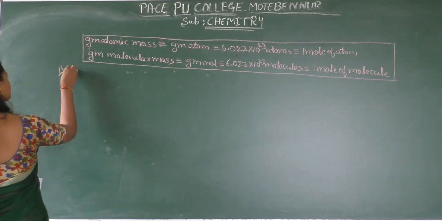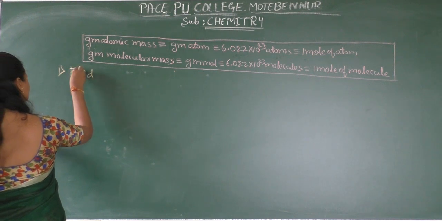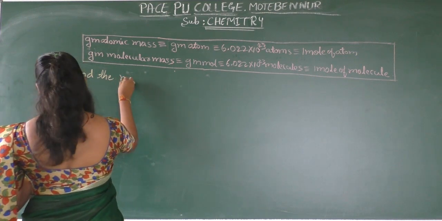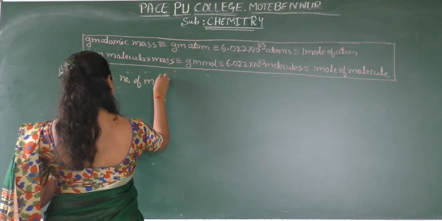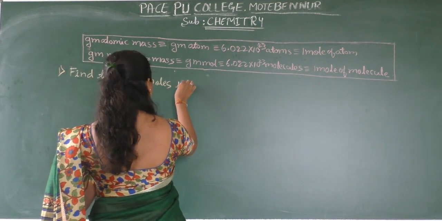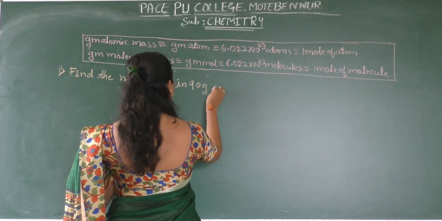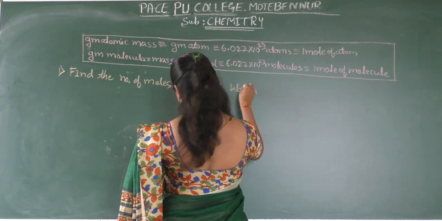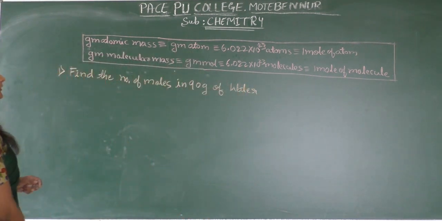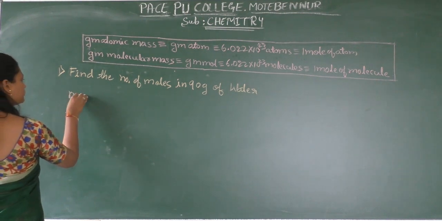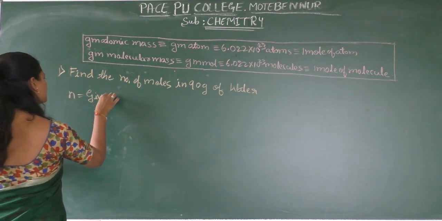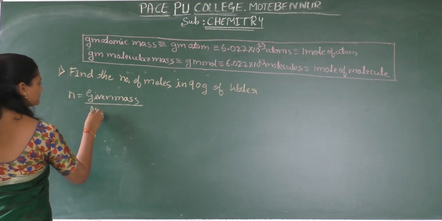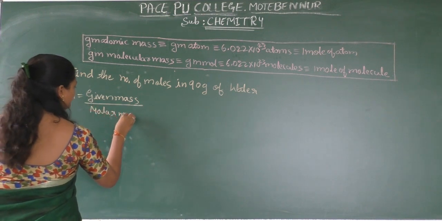Find the number of moles in 90 grams of water. So here for number of moles we are going to use the formula N equal to given mass divided by molar mass.